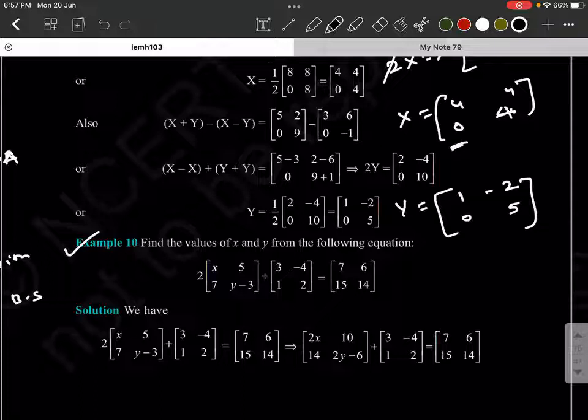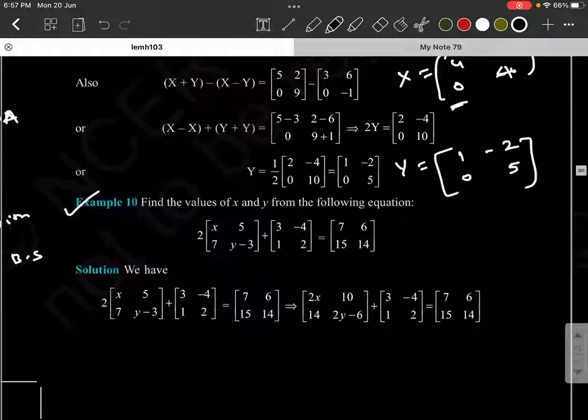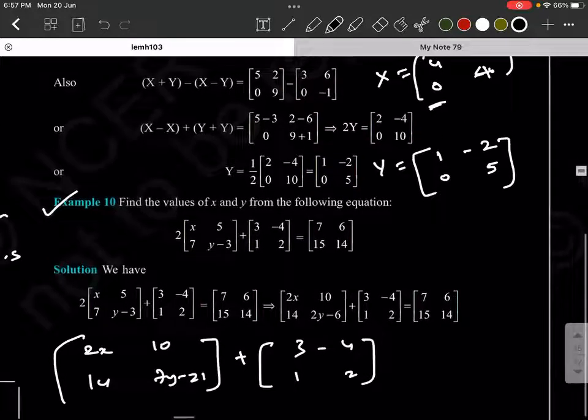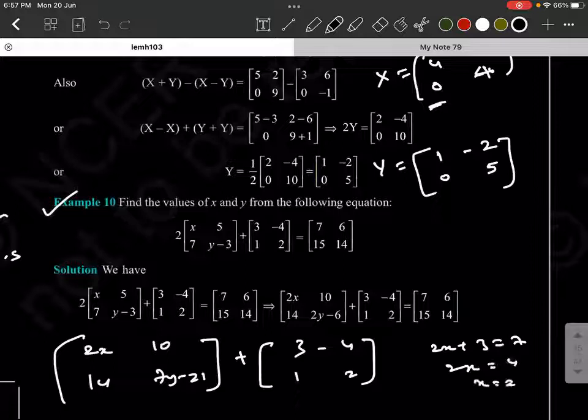Sir, I got x 2 and y 4. Correct. I'm not checking the answer. Everyone got that x 2, y 4. So you'll get 2x plus 10, 14, 7y minus 21. 2x plus 3, 7. So 2x is equal to 4, so x is 2.